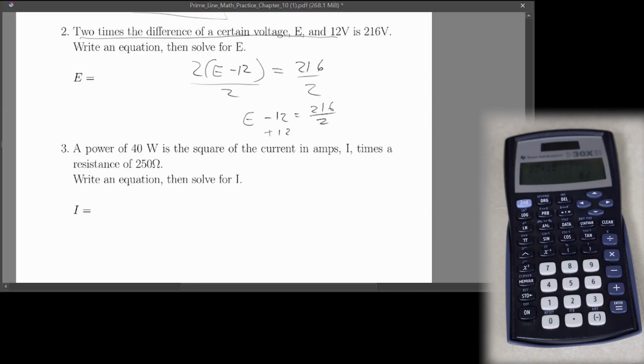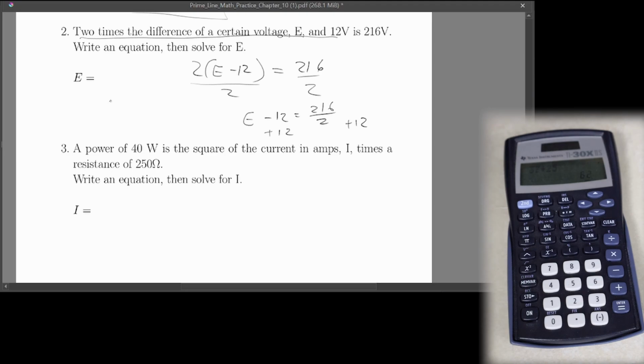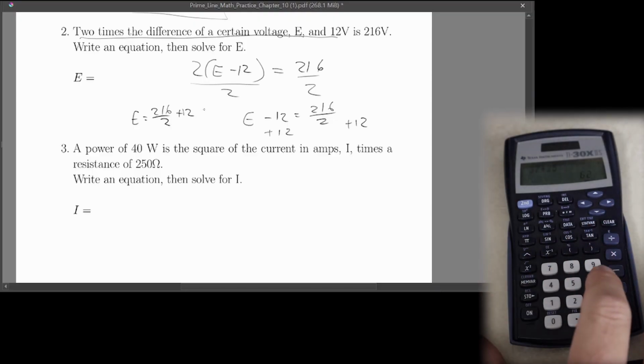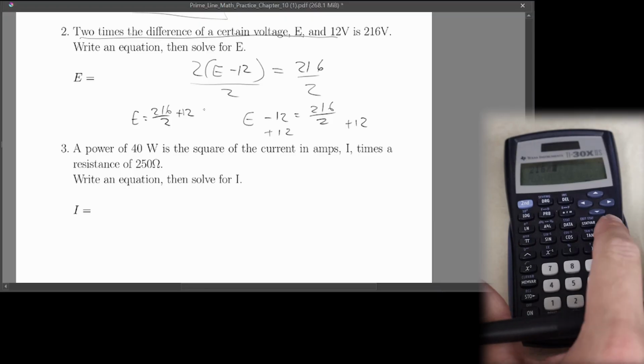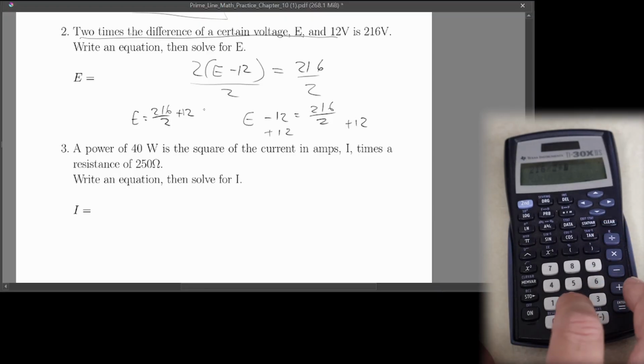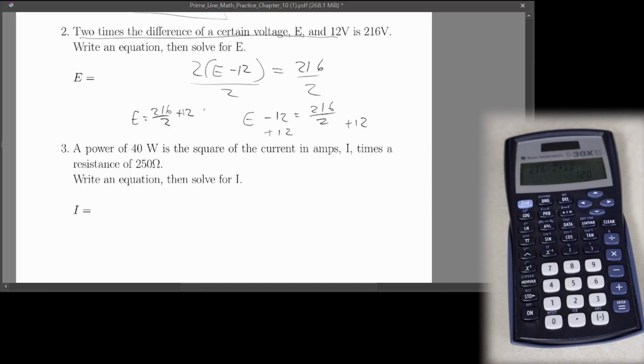I'm going to add 12. And so I get E equals 216 divided by 2 plus 12, and I evaluate that on my calculator. I get 120. And it'll be volts for our units.